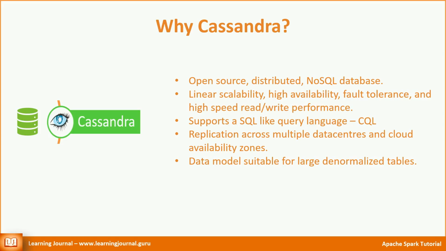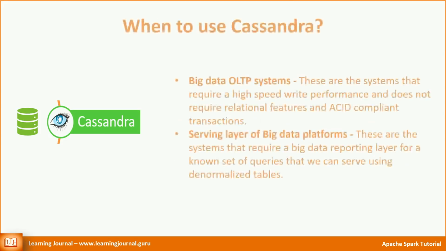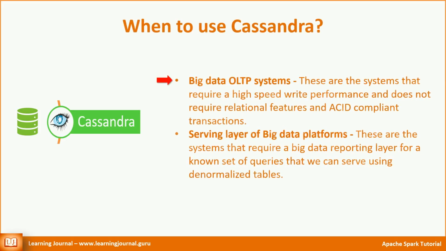In summary, Cassandra is a good choice for two categories of use cases. Big data OLTP systems. These are the systems that require a high-speed write performance and do not require relational features and ACID compliant transactions.